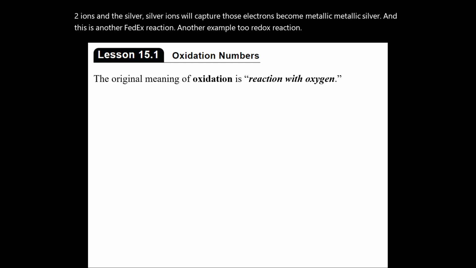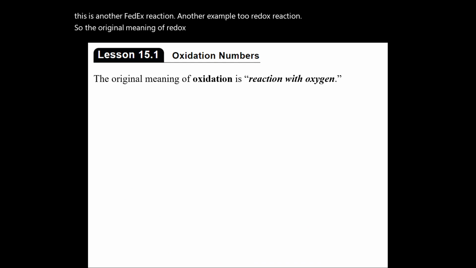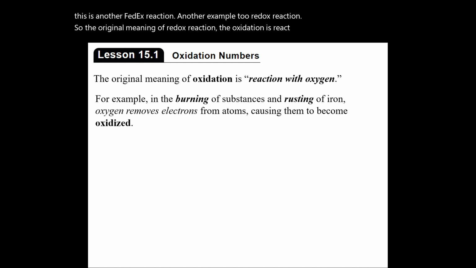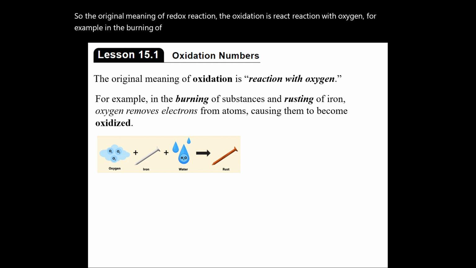So the original meaning of oxidation is reaction with oxygen. For example, in the burning of a substance and the rusting of iron, the oxygen removes electrons from atoms, causing them to become oxidized.